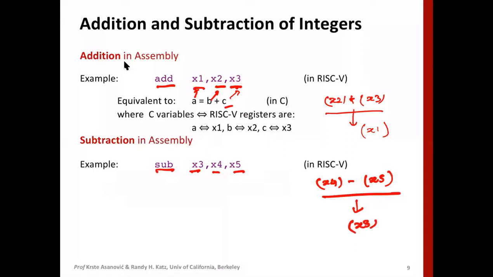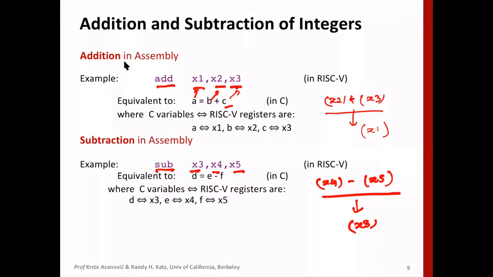This is equivalent to d equals e minus f, where d is obviously mapped to x3, this is the destination, variable e is mapped to x4 and variable f is mapped to x5.